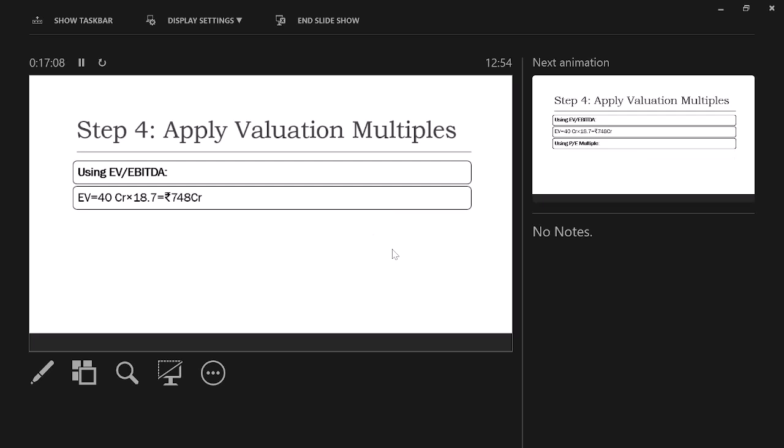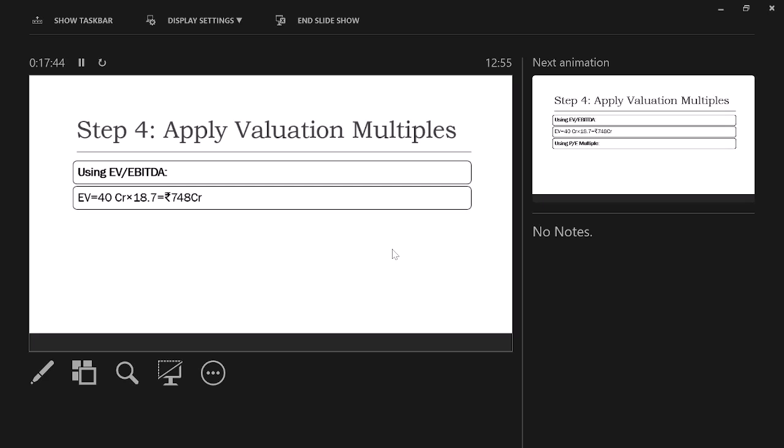Now, when you apply the first multiple, EV upon EBITDA, the EBITDA is 40 crores for ABC, and the average multiple is 18.7 for the peer companies. So we came up with a valuation of 748 crores. So the enterprise value of this company would be 748 crores, by simply taking the average of all the listed peers.